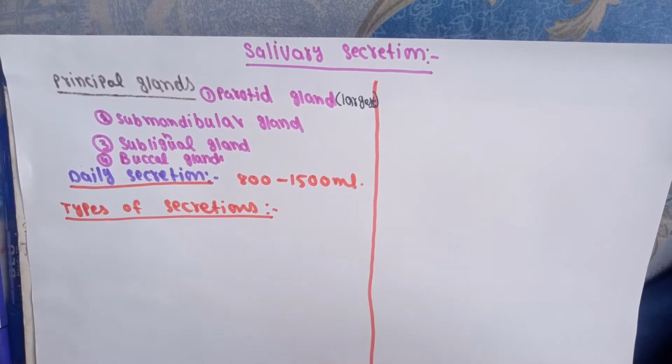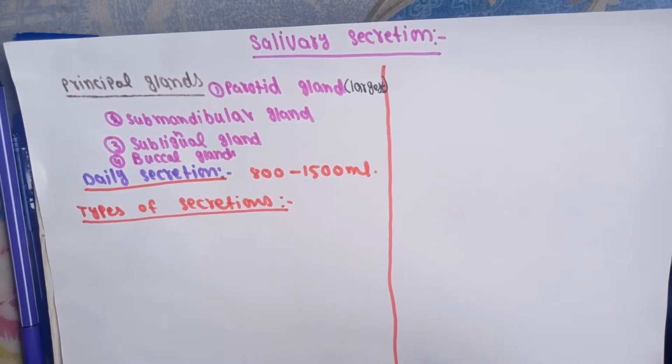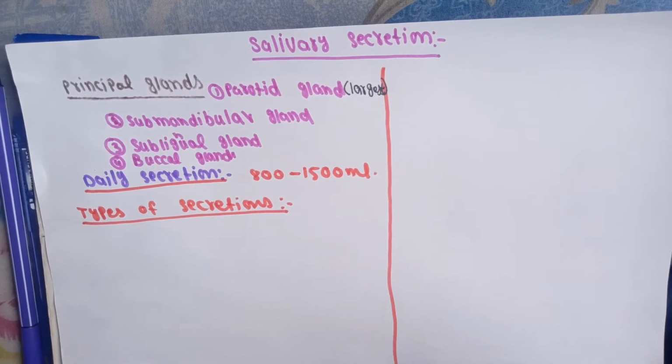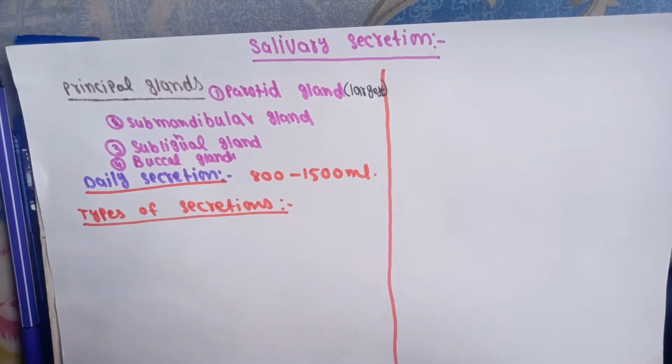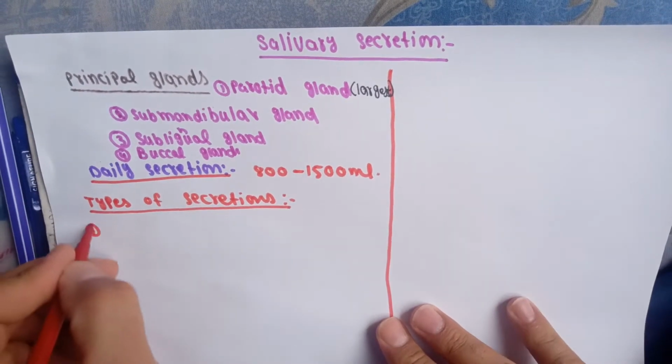So what types of secretion occur in saliva? There are mainly 2 types of secretion: one is serous secretion and the other is mucus secretion. Number 1 is mucus secretion.